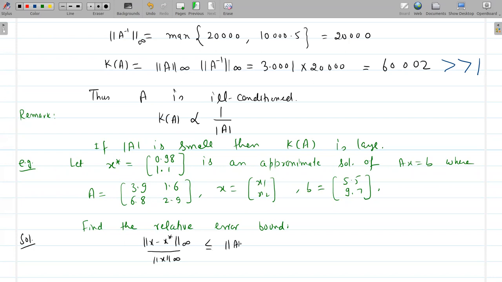So this is less than or equal to norm of A multiplied by norm of A inverse, norm of residual divided by norm of B. So go step by step: calculate norm of A, then calculate A inverse, then find its norm, find residual, first find residual, then its norm, and also norm of B. Okay, so let us start. First, we find norm of A.